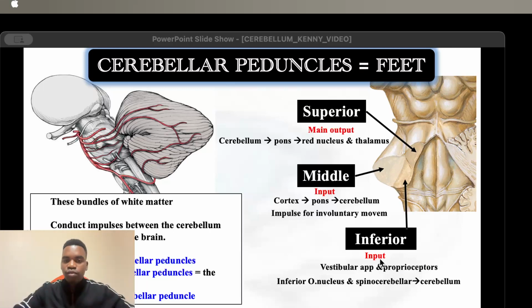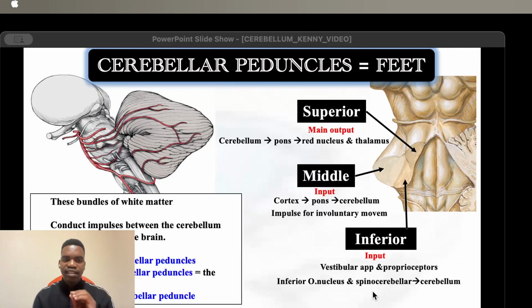Throughout the body means from the peripheral nerves that form the spinal nerves, bringing information to the spinal cord, and then from the spinal cord to the brainstem, into the inferior cerebellar peduncle. The inferior olivary nucleus that is present in the medulla will also carry information to the inferior cerebellar peduncle to get into the cerebellum.